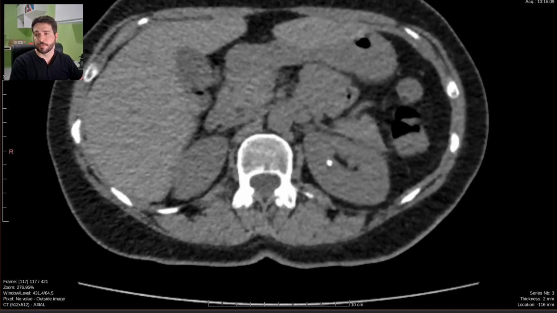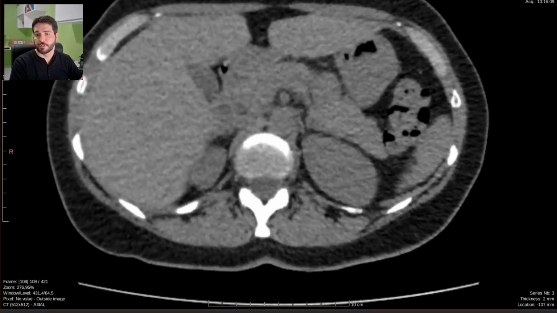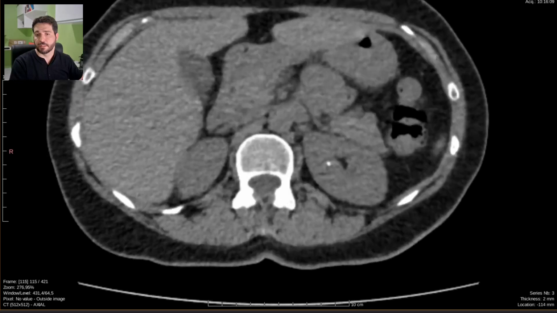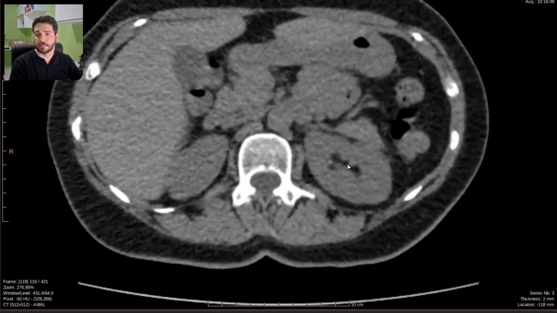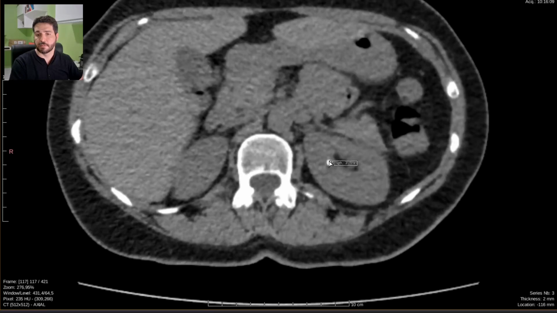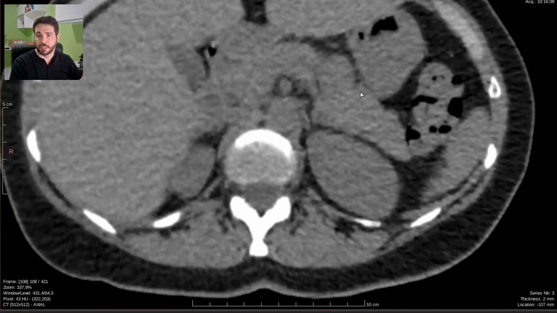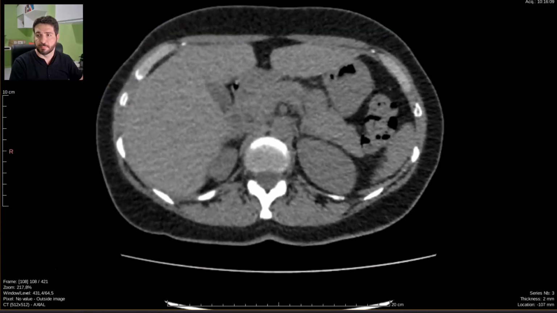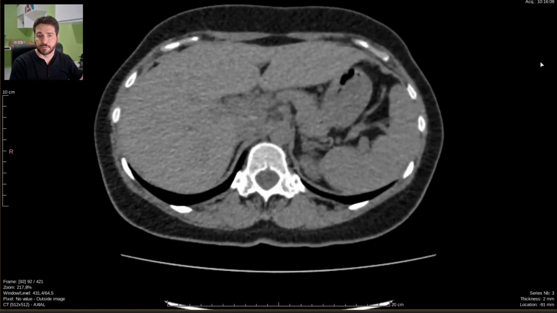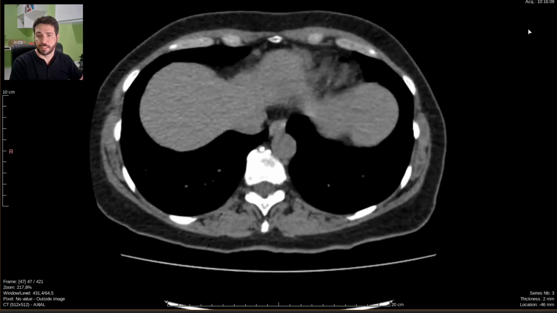It's on the uppermost kidney calyx, right on the superior pole of it. It's a microcalculus, a minor micro stone, because it's less than 4 millimeters. It's a 0.3 centimeter stone on the left.